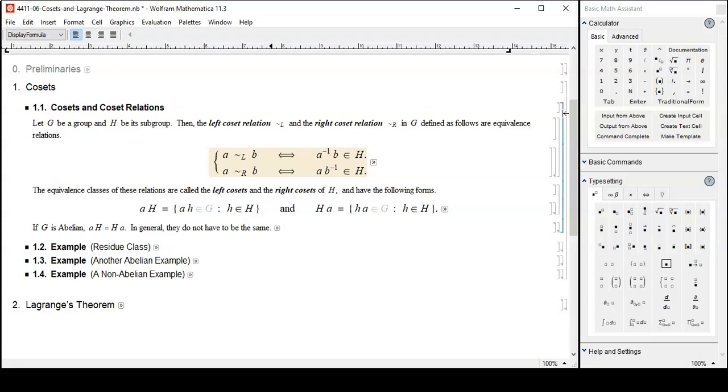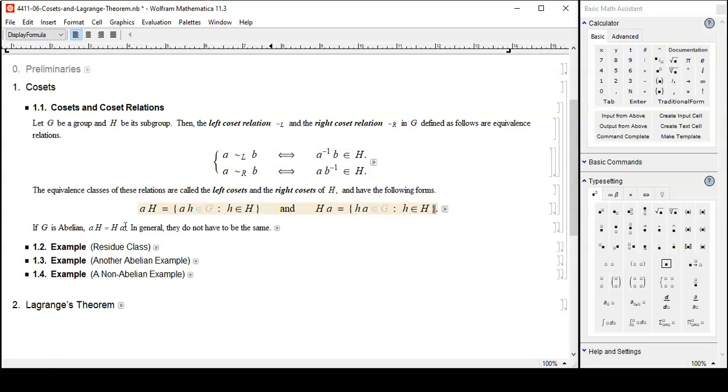Does it also have a group structure with respect to some algebraic operation induced from the original? Under what circumstances? Oh, we have to consider a lot of things. But for now, let's be satisfied with just the construction of the left coset and right coset from the left coset relation and right coset relation.